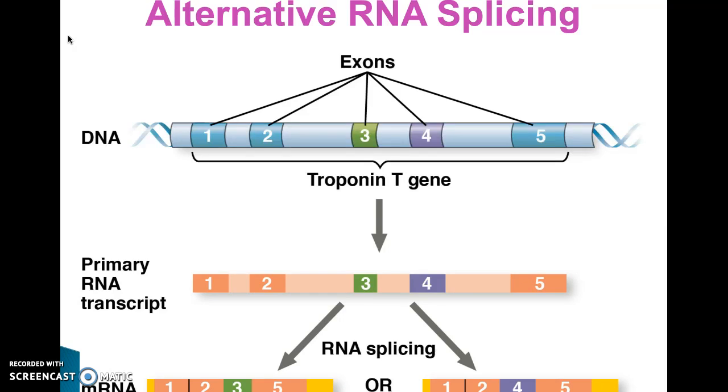Again, mRNA is going to be translated, and then the polypeptide is going to be built. So if the mRNA is spliced together differently, then it will ultimately be a different protein, all originating from a same strand of DNA.